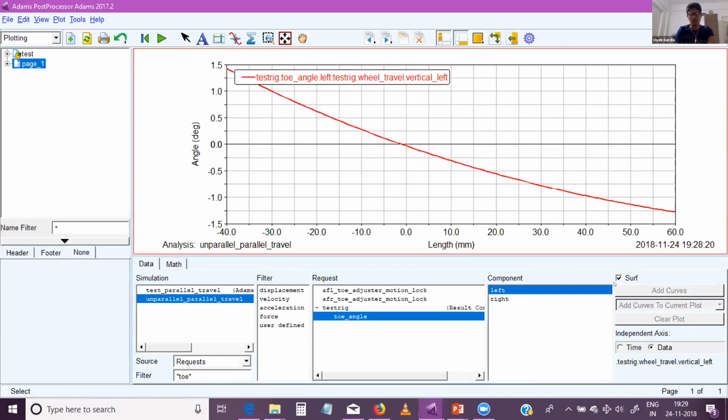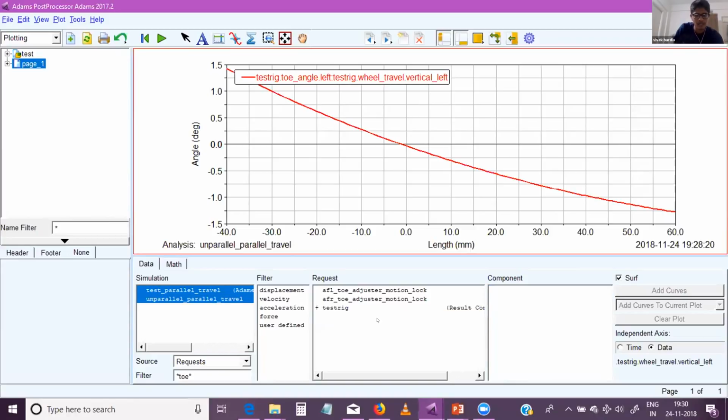On your x-axis, you have wheel travel, and on your y-axis, you have the toe angle. Look how your toe is changing with just parallel wheel travel. That is, your wheels are going up and down, and your toe is varying. This is the problem called bump steer. Ideally, I would like to have zero bump steer, that is, my toe shouldn't change with wheel travel.